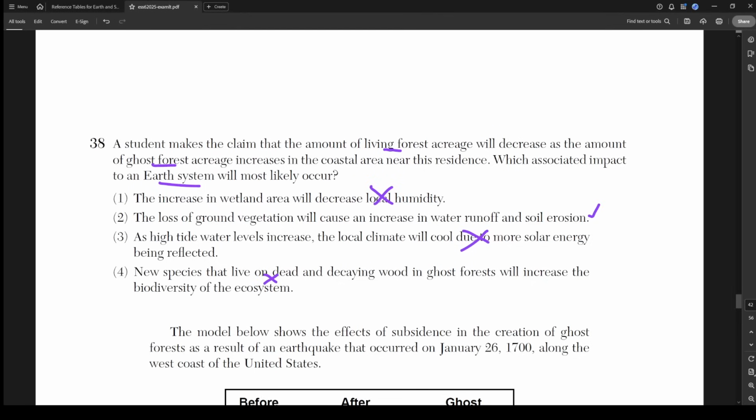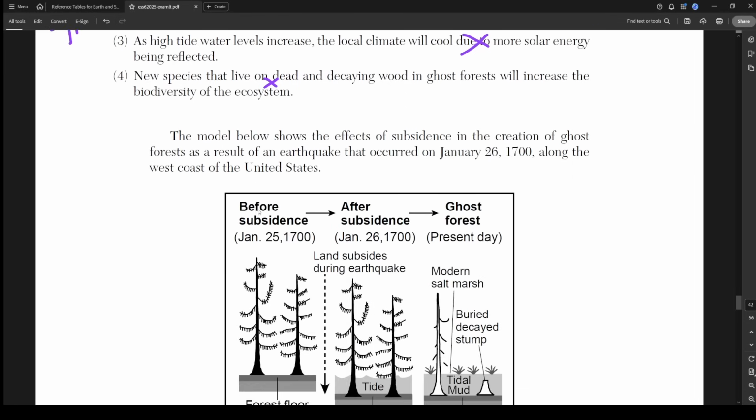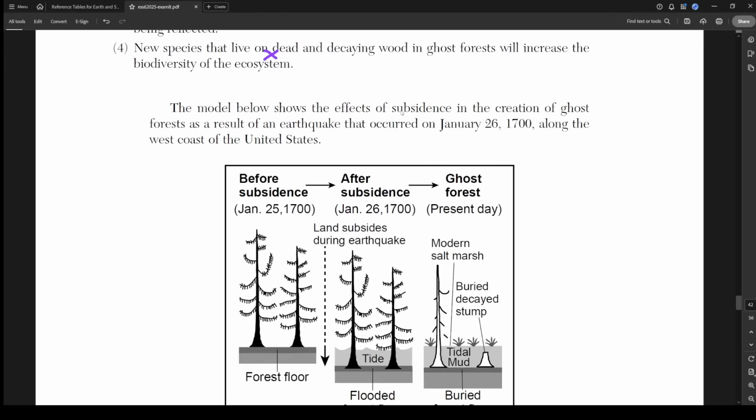No. So I would say 38, the best answer here is 2, and this actually is said in the reading. So again, I would say this is a 2 out of 10, but +1 for test fatigue, so we'll go with a 3 out of 10. That's a complete reading question. That was easy.